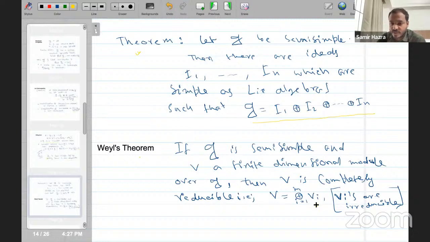So this means if we just understand the irreducible modules for a semi-simple Lie algebra, then we know all the finite dimensional modules. This is an extremely important theorem, but we will not see the related representation theory here. In some coming lectures we will definitely see them, because I think Professor Tanusri will be doing this.